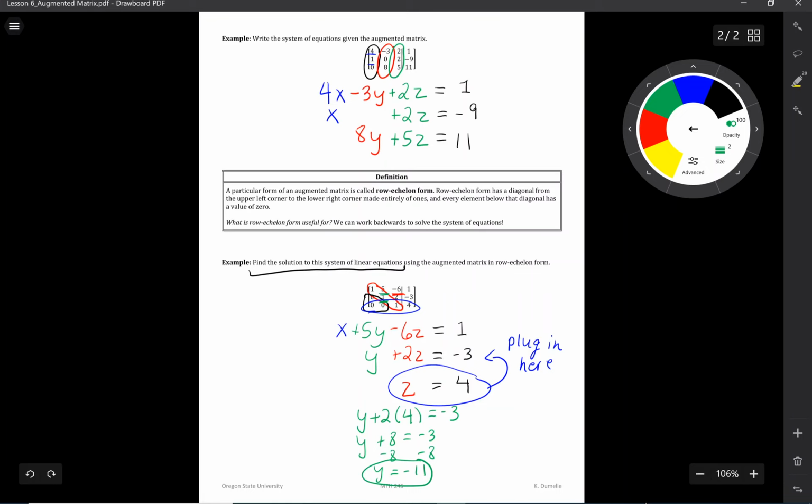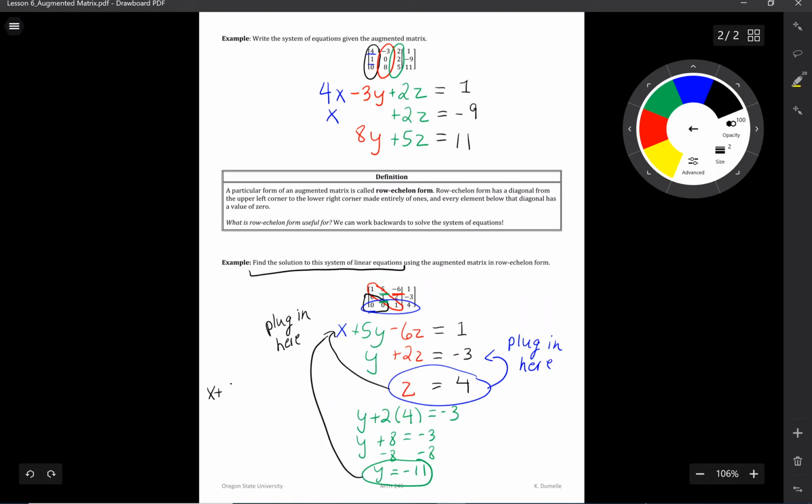And now I can plug z and y into the first equation to solve for x. So that's what I'm going to do. So I have x plus 5y.